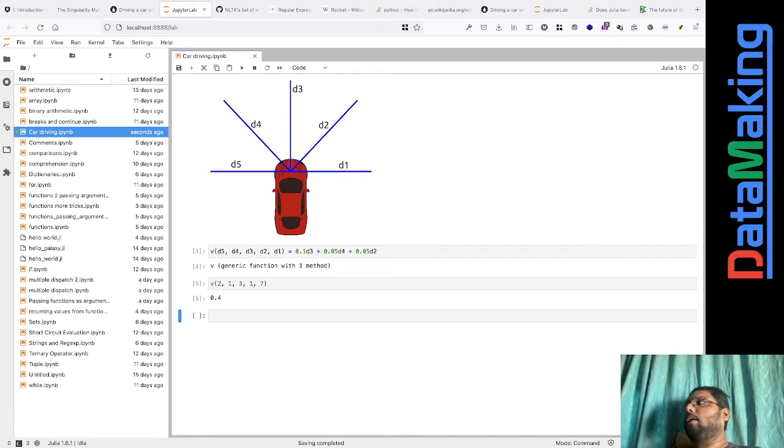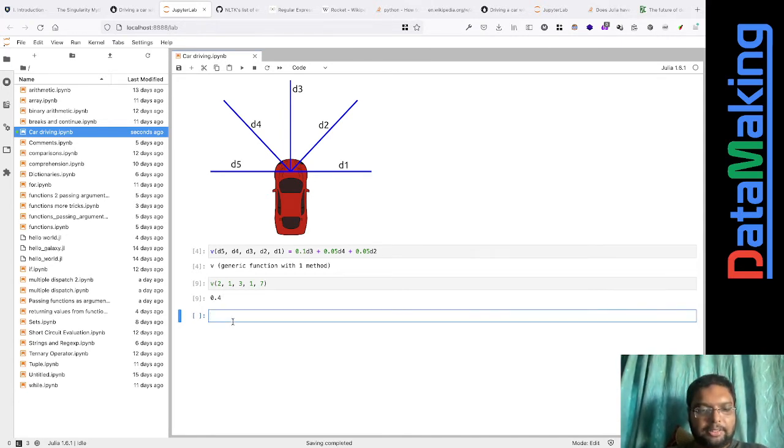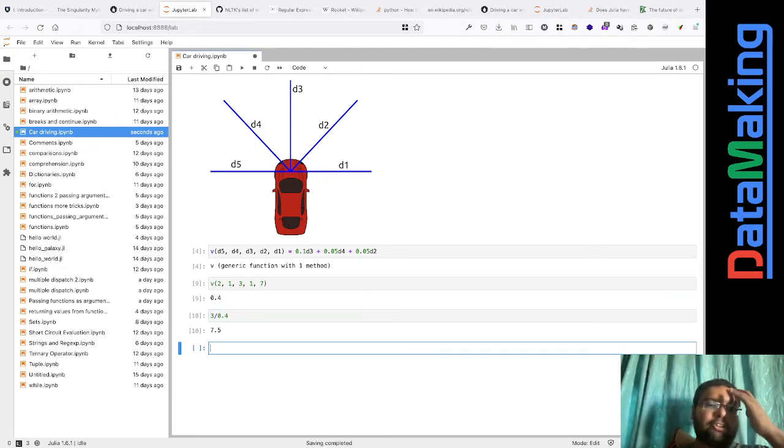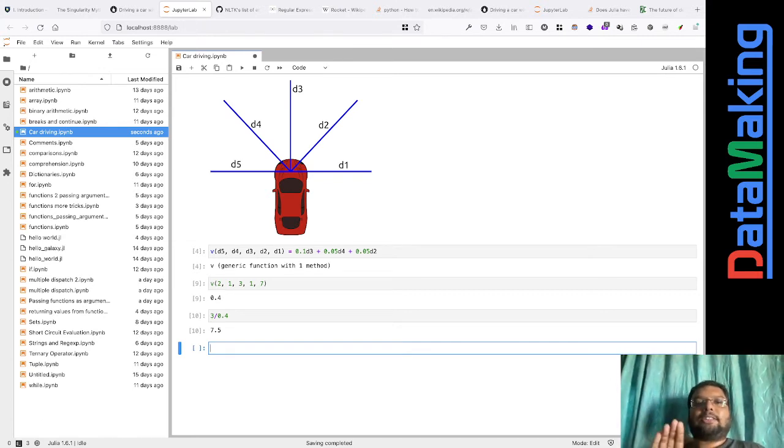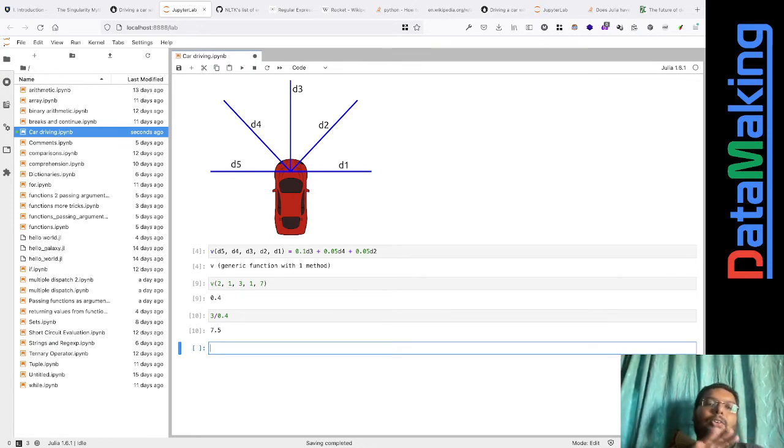So 3 by 0.4 is 7.5 seconds to crash. So the car keeps slowing down and down as it is about to crash.